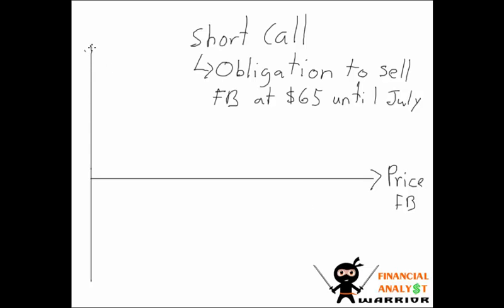And this is the profit that the short is making. Now the price is still 62 and the exercise price is 65. This is today's price and this is the exercise price, X.